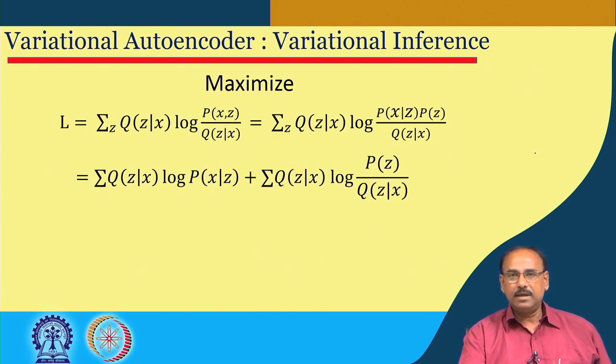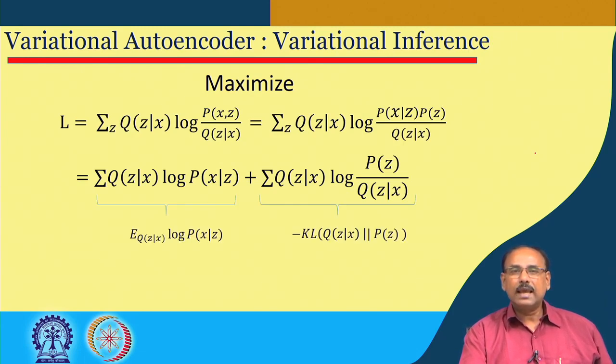Here you find that the second term is again a KL divergence, between Q(Z|X) and P(Z). So the first term is the expectation of log of P(X|Z), which is nothing but the log likelihood.